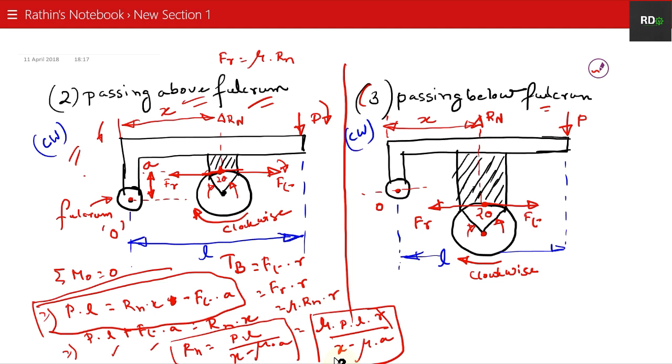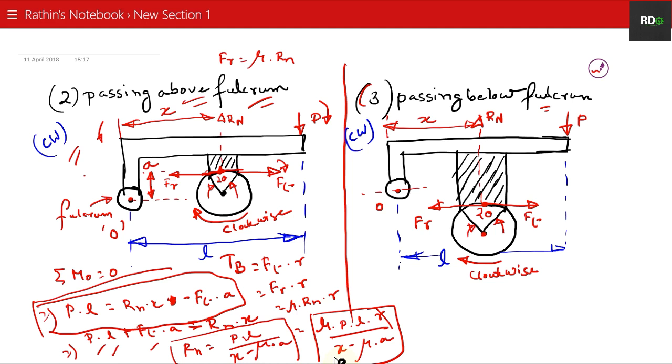But if there is an anti-clockwise motion of the braking drum, this Ft into A will be plus in this equation. So P into L minus Ft into A is equal to Rn into X. So it will be slightly different if you change the direction of the braking drum.